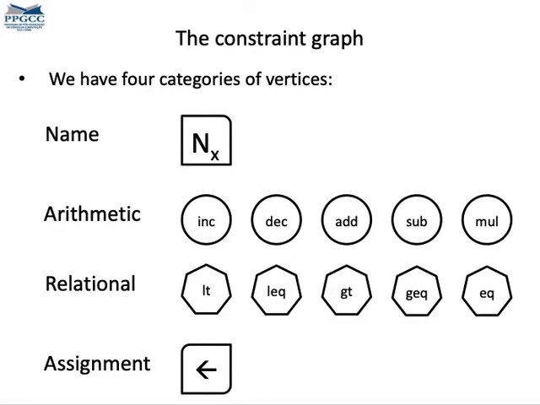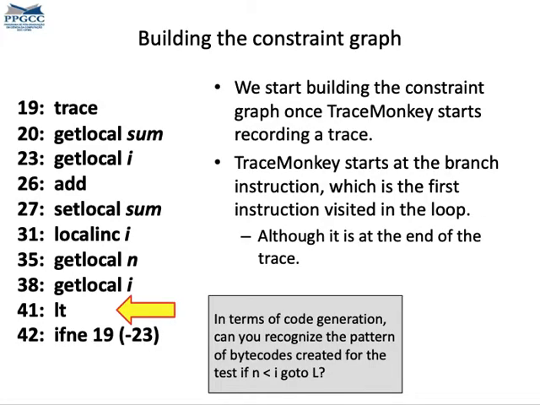Our graph will have different kinds of nodes. There will be nodes for names of variables, nodes for arithmetic operations, nodes for relational operations, and one type of node that we will use to denote assignment. Let's see how we can generate this graph for this program on the left. This is the trace that we had seen originally in this class in the example.